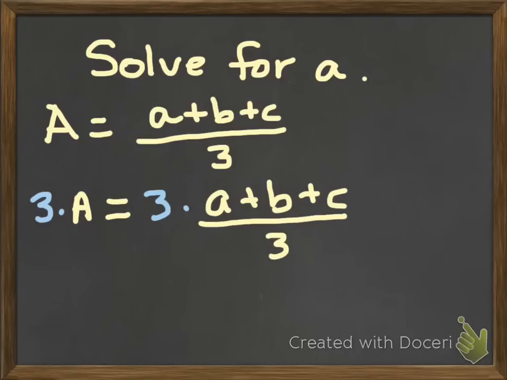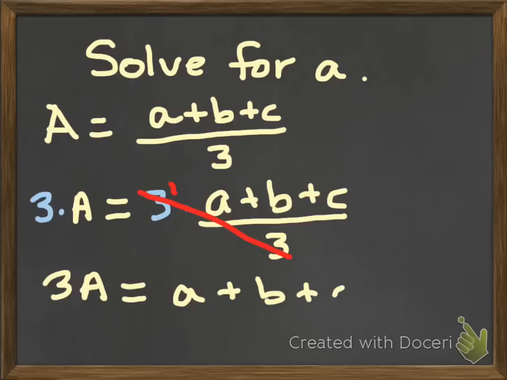Okay, and we learned from fraction busting that the 3 on the top and the 3 on the bottom will cross cancel, and you'll get 1. So now on the left side I have 3a, and on the right side there's no more fraction, it's just a plus b plus c.